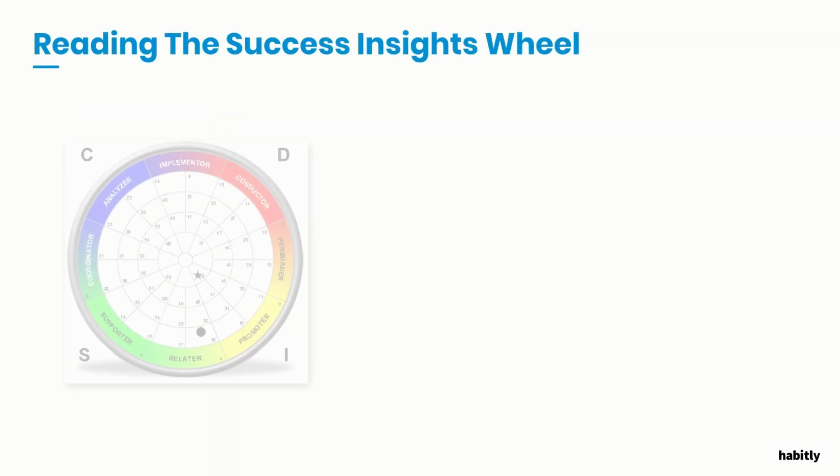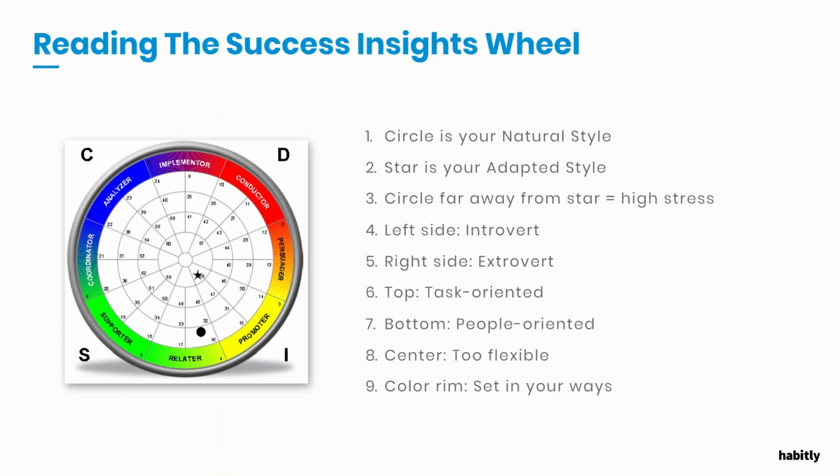So let me explain how you read this. Ideally, we want the dot and the star within 3 of these squares. They're not really squares, but they call them squares. This one is 3 between the dot and the square. So if your circle and star are separated by more than 3 spaces, it's more and more stressful the way you're trying to adapt your behaviors on the job.